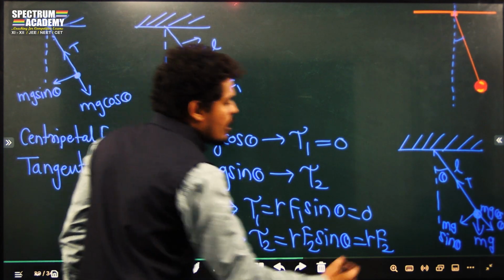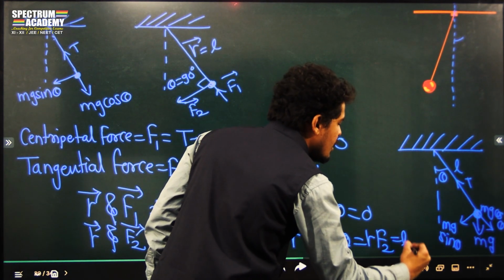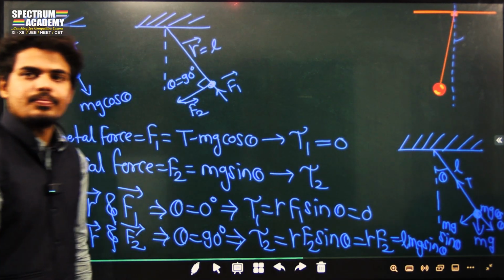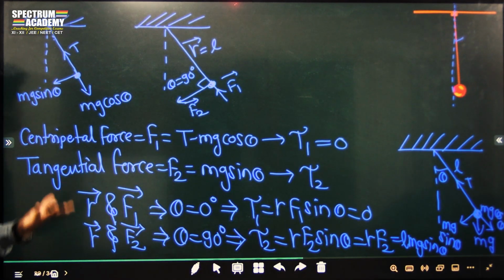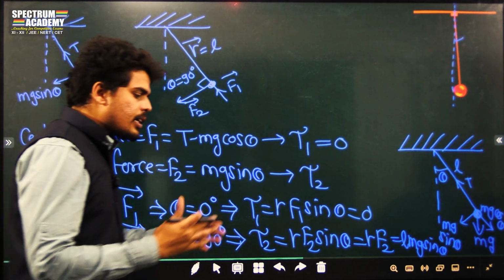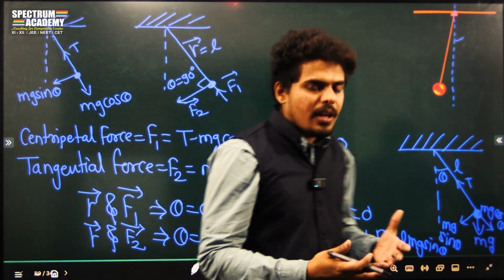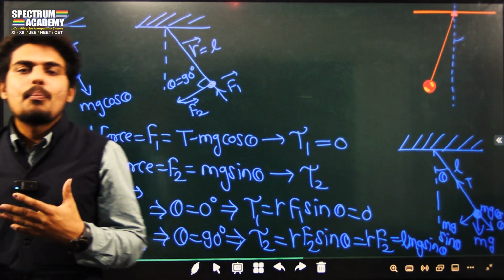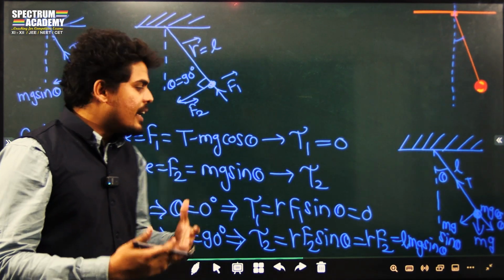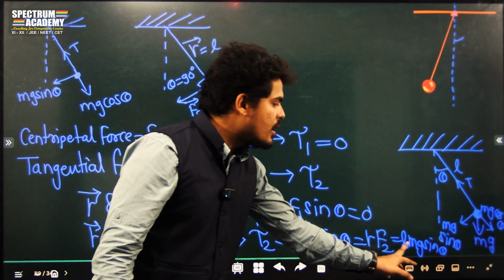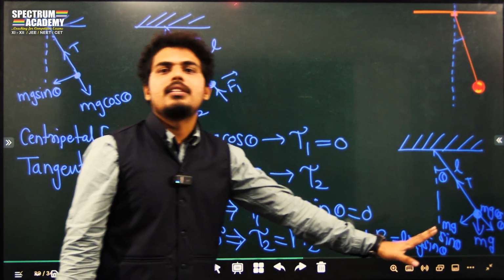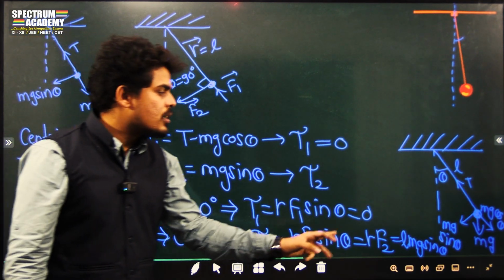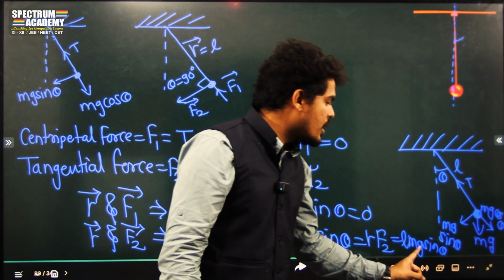So the total torque is L mg sin theta. So the total torque in this rotational motion acting on the bob of mass m is just mg L sin theta. Rest all the torques are 0, but the total torque is tau 1 plus tau 2 equals mg L sin theta.